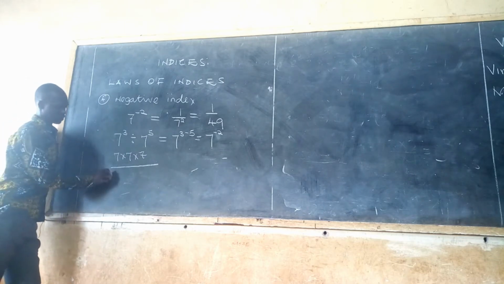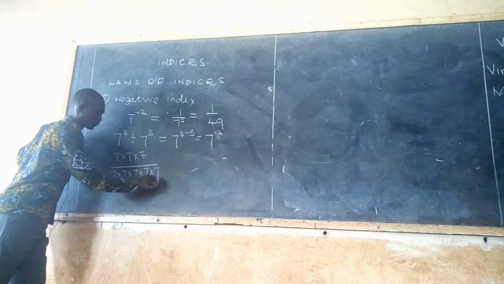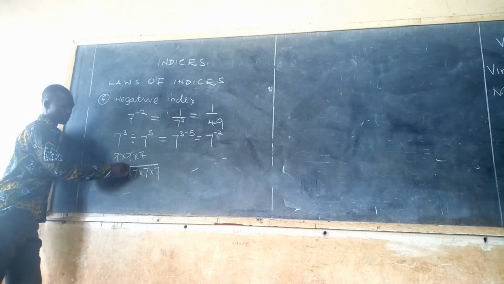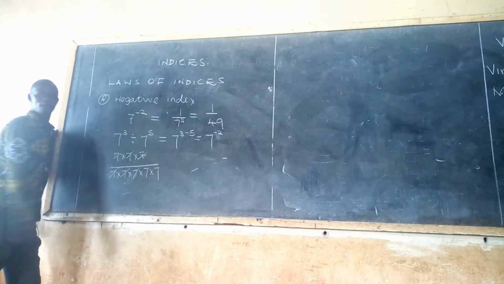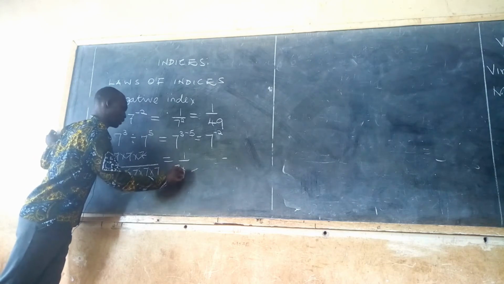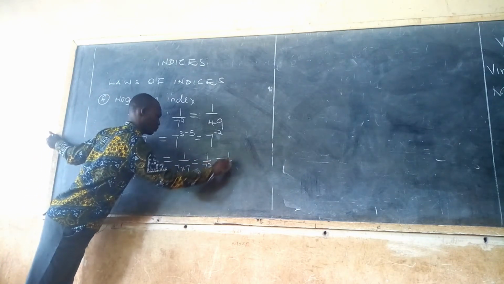The second one is 1, 2, 3, 4, 5. So what do you have? The first three cancel with three of the second. What do you remain with? 1 above, 7 times 7 below, 1 over 7 squared, which is 1 over 49.